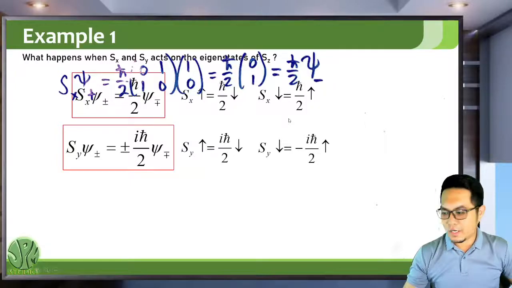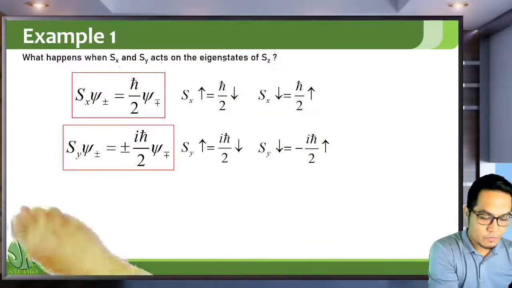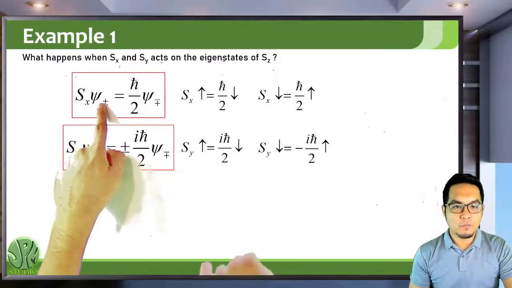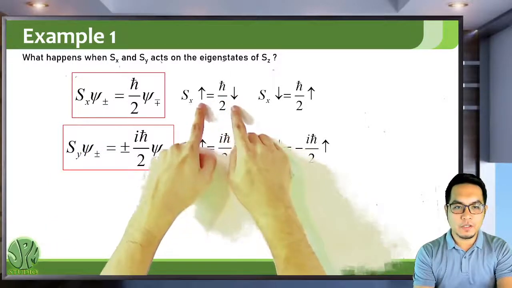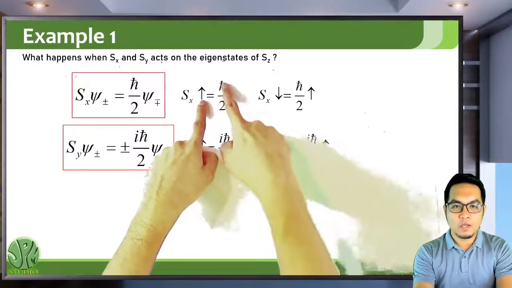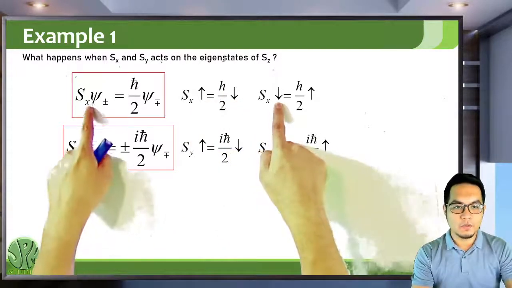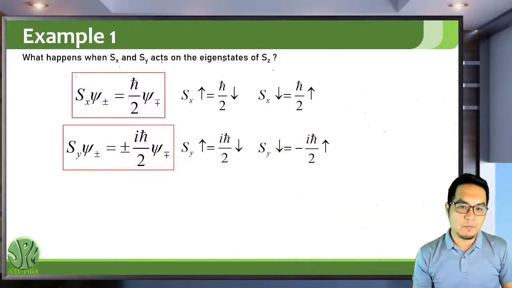Okay, so these are the results, and I'm just going to summarize them. Sx acting on spin up results in a spin down. In terms of the arrow notation, Sx acting on up is equal to h bar over 2 down. And Sx acting on the spin down, or psi minus, results in h bar over 2 spin up.